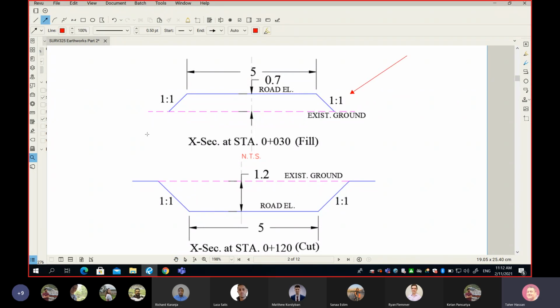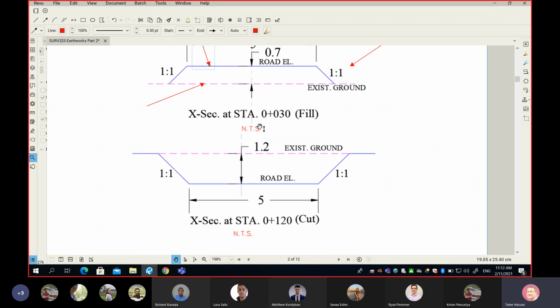You can see my ground is here, where we started always, and then we want to build our road, which means I need to add some layers of fill to build my road. How about here? Remember, I always start from existing ground and go to my road elevation. Obviously, you have to remove this amount of soil to build your road. So this is a section in cut, and the one on the top is the section in fill.